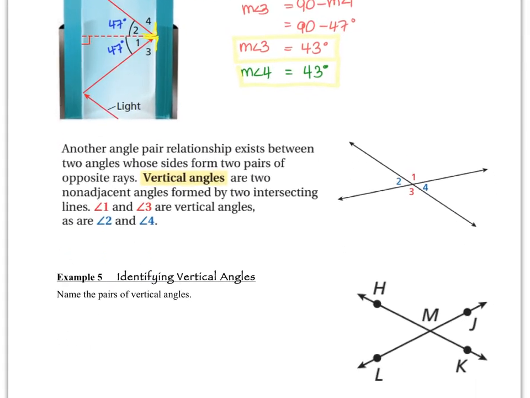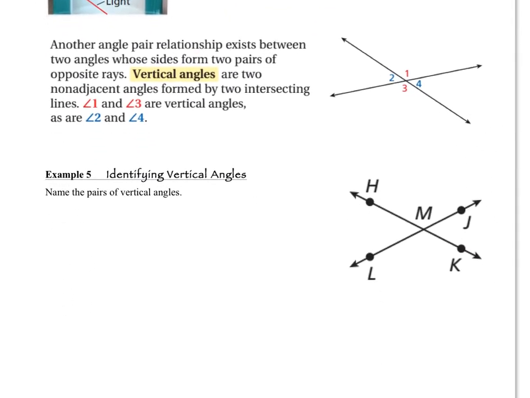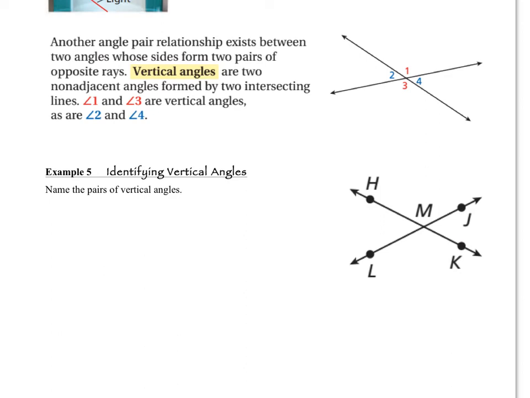Okay, something really important that we are going to be using is this other relationship that's called vertical angles. And vertical angles are opposite to each other when you have 2 intersecting lines. So in this case, you can see that we have 2 intersecting lines right here, and when those 2 lines cross, we end up having these angle pairs.